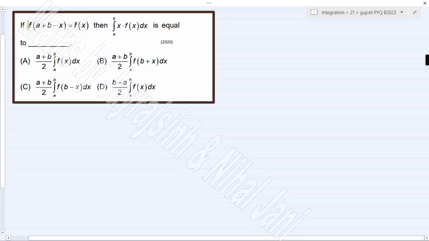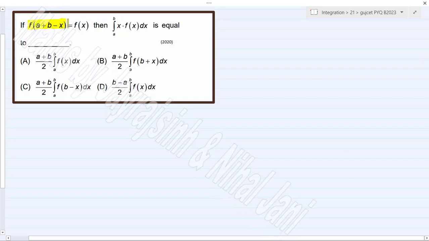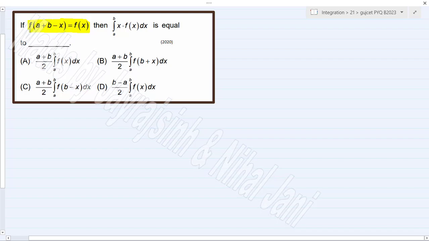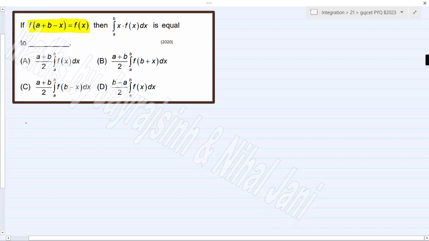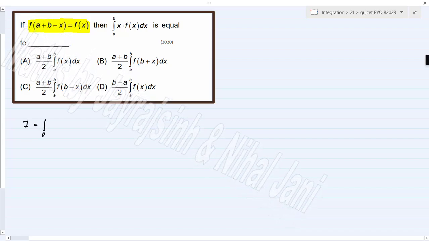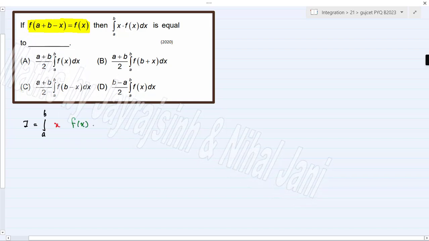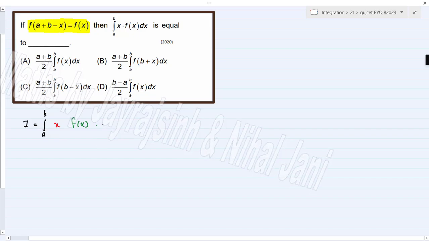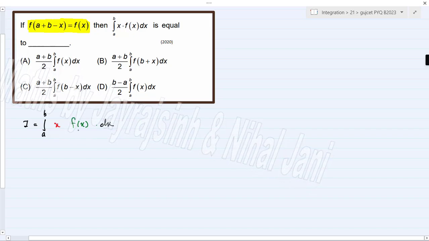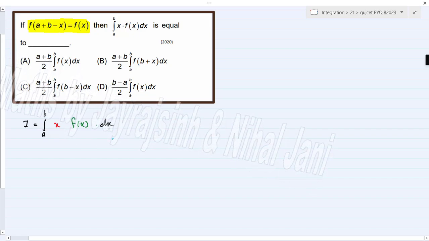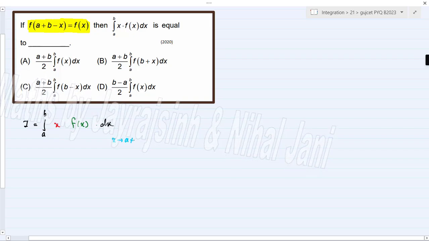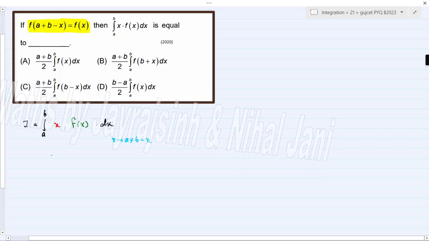It is given that f of a plus b minus x is equal to f of x, and we have to find integration a to b of x into f of x dx. Now simply replace your x by summation of limit minus x.